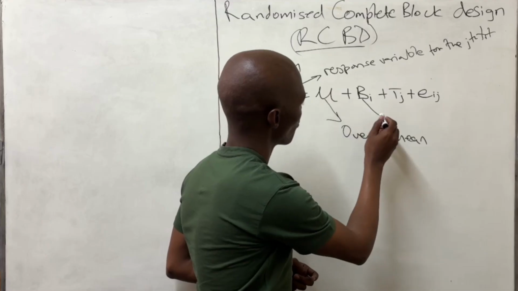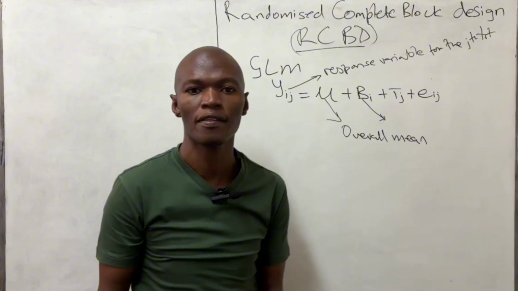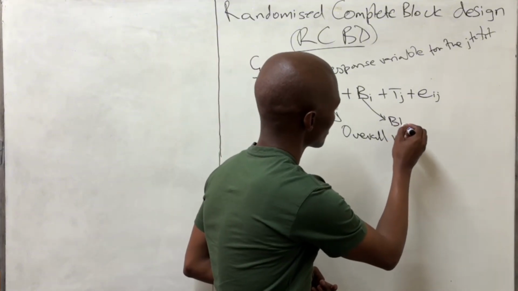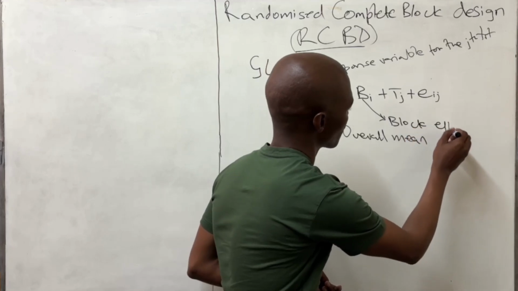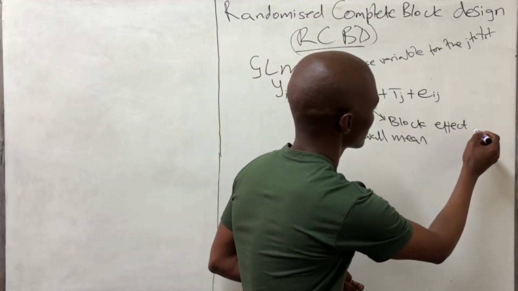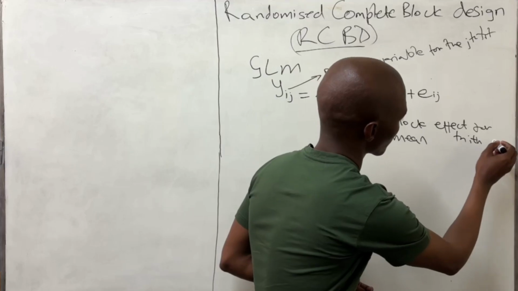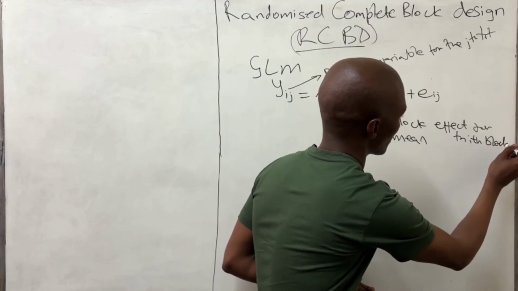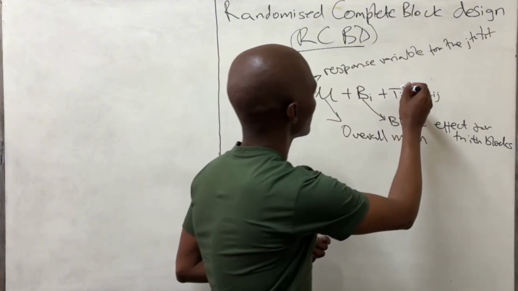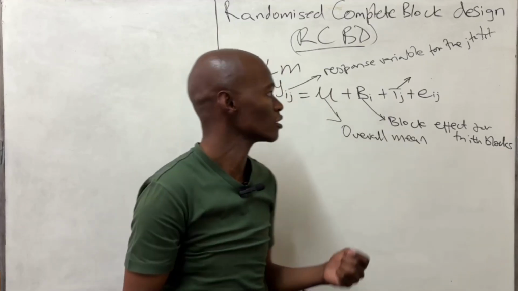Now in this case, as compared with the completely randomized design, we also have the block effect. So that Bi is the block effect or the group effect. Remember, we are grouping our experimental units. So this is a group effect for the ith group or block. Then the other thing that we have here is the treatment. Of course, that's what we want to know, the effect of the treatment on our response variable.